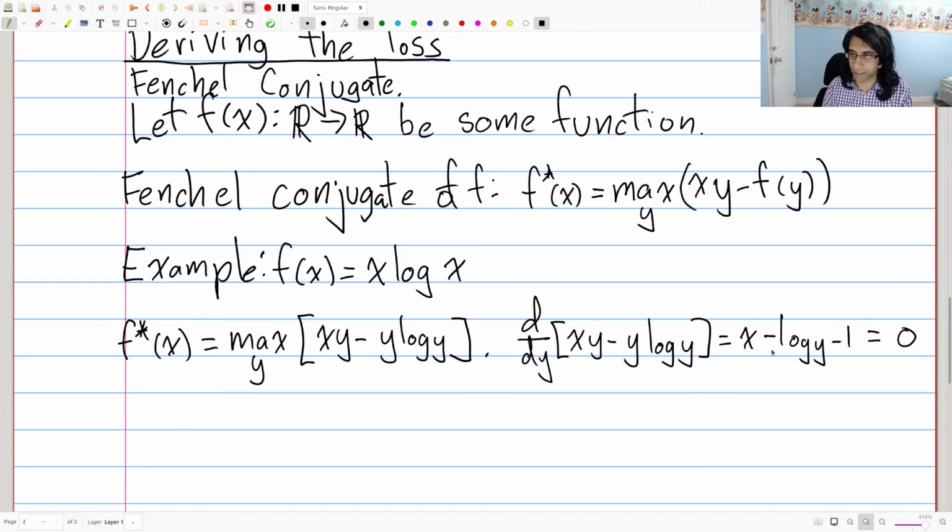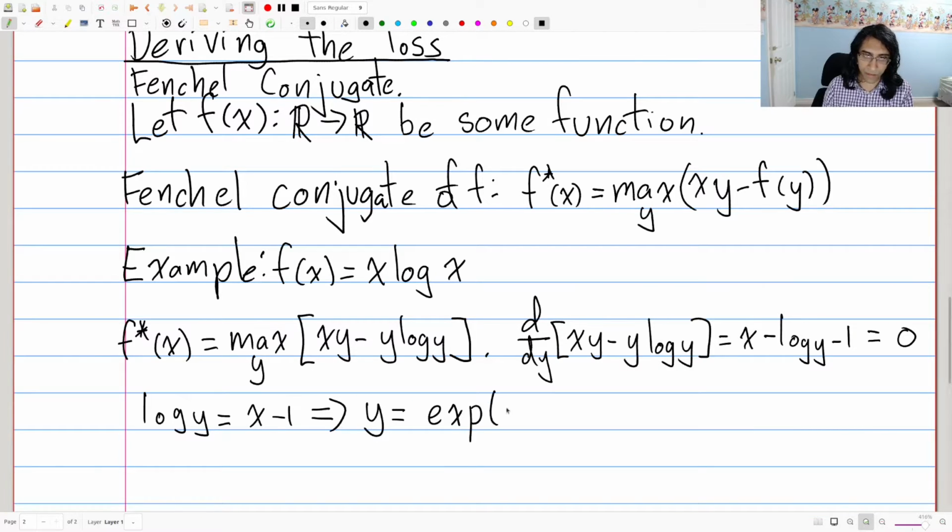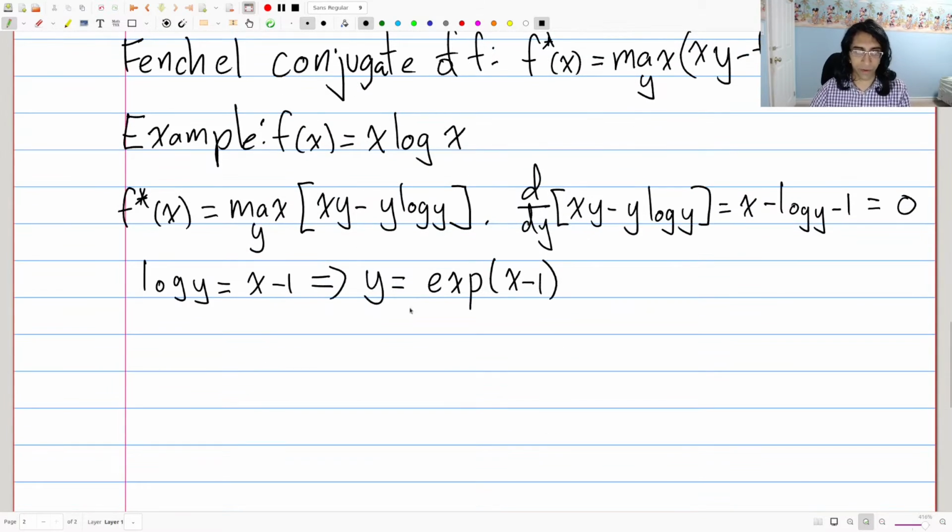Just rearranging, putting log y on the right-hand side, that gives us log y equals x minus 1, which if you take the exp of both sides, gives that y is equal to exp of x minus 1. Okay, so we found the y which maximizes this function.